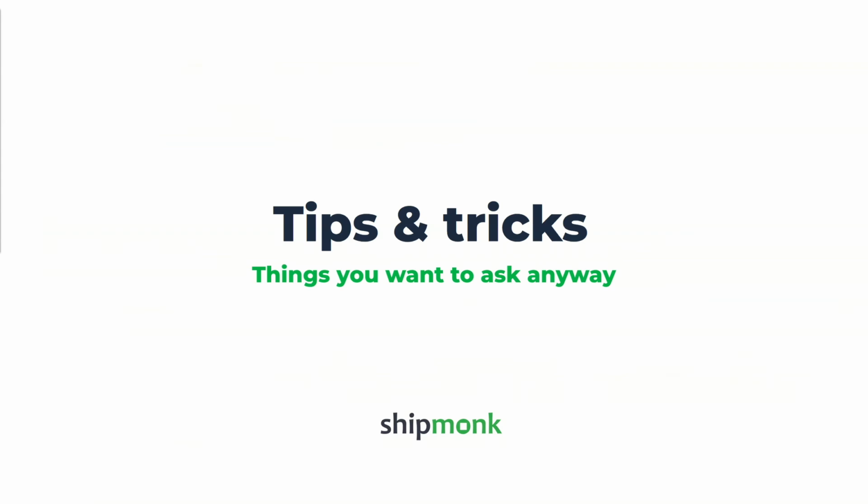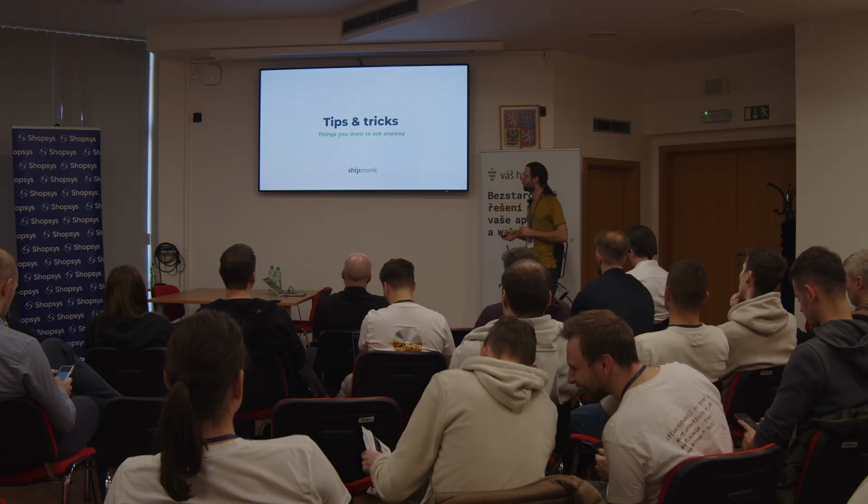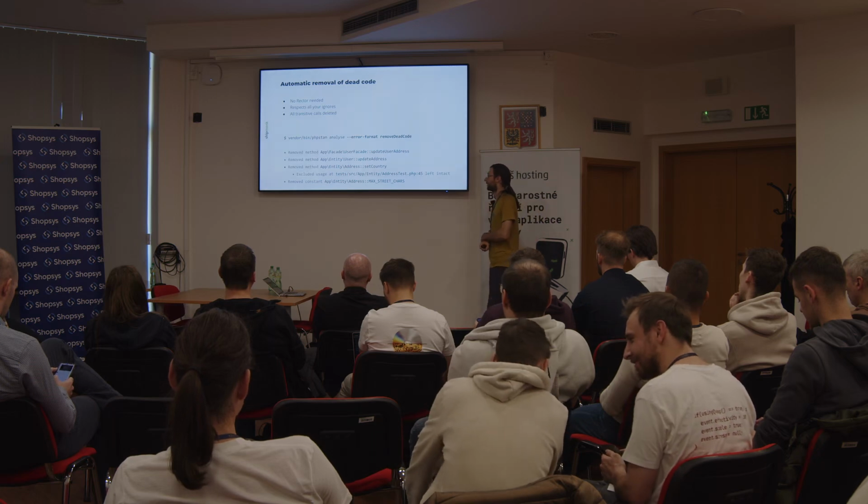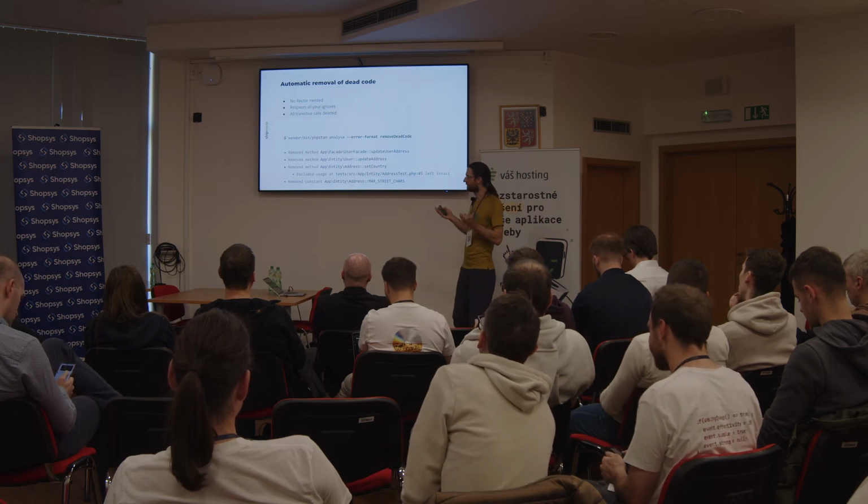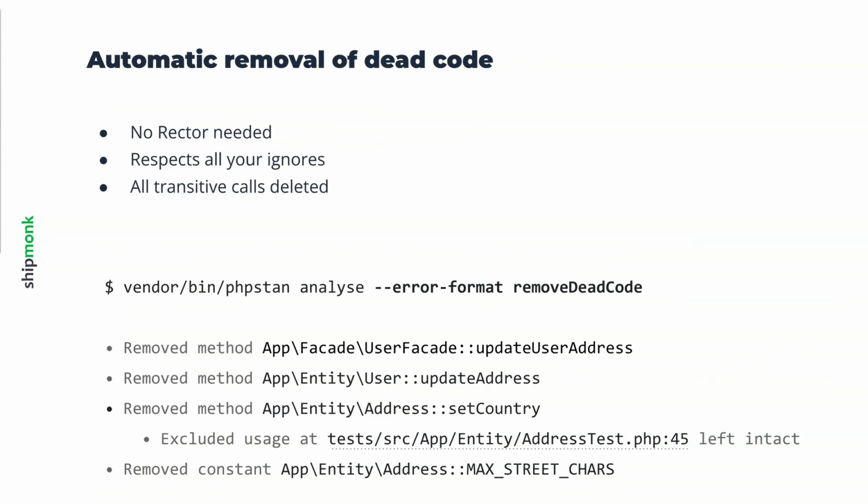And let's go to some more practical part, the things you would probably ask anyway. And that's the elimination itself. Until now, it was all about finding the code, and then you would go through it and delete it. But the idea is, well, I have a tool that can detect it, why not delete it? So we implemented it in a little bit hacky way, because there's no other way to do it in PHPStan. But if you use the error formatter called remove dead code, it just deletes all the methods.